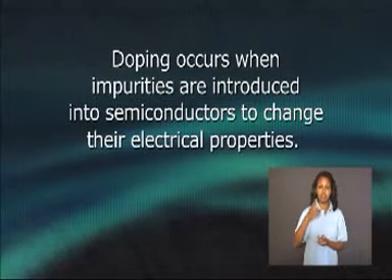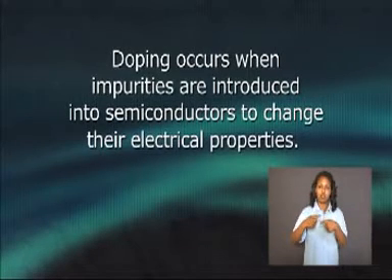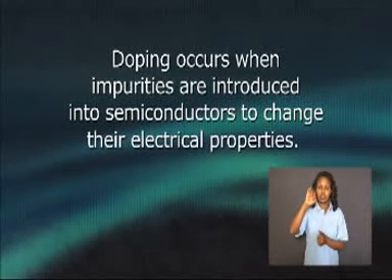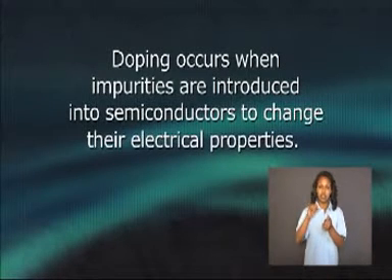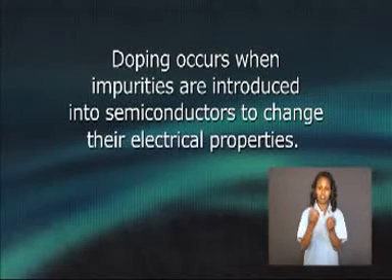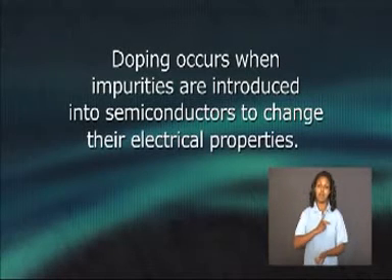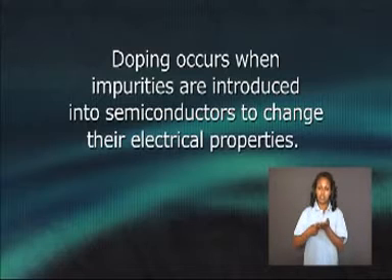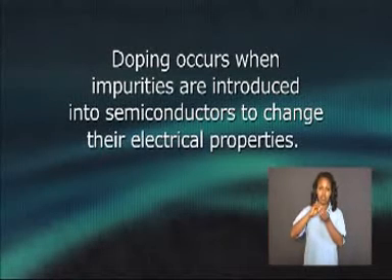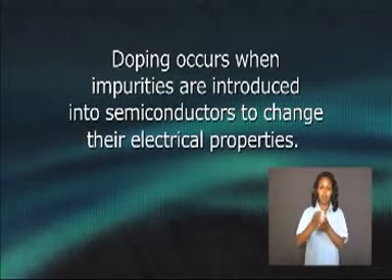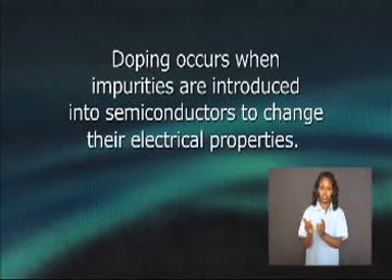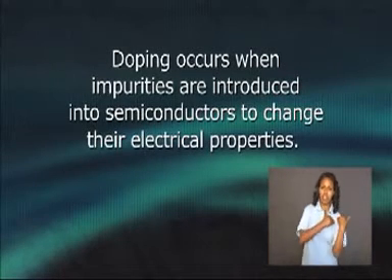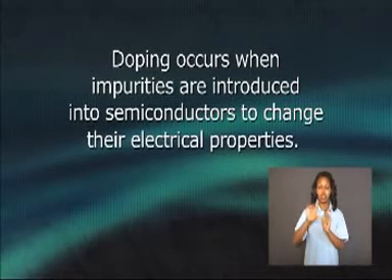Doping is the process by which impurities are introduced into a semiconductor to change the material's electrical properties. Doping introduces extra charge carriers into the semiconductor's atomic structure so that the material can carry stronger charges at lower temperatures.